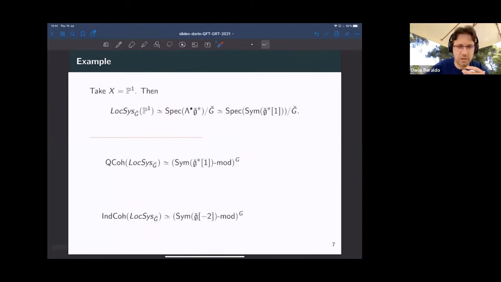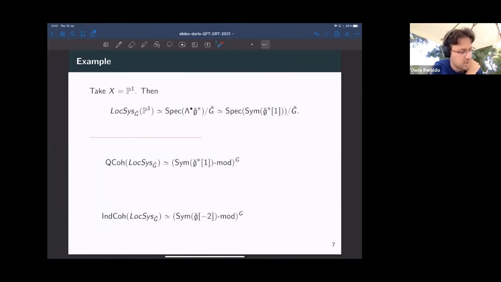So an example is for my curve to be P1. In that case, everything is explicit. Local systems for P1 is naively just a point, because naively you only have the trivial local system, but less naively it's an odd vector space, which is the shifted dual of the Lie algebra.